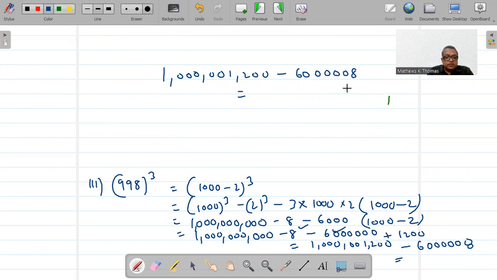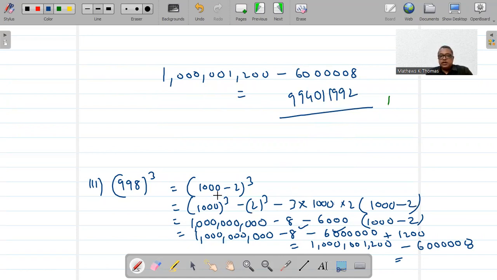So when I subtract this, I'm going to get 2, 9, 9, 1, 1, 0, 4, 9, 9. So final answer will be 9940,11992. So you need to be really careful with the calculation here because this is a slightly long calculation.